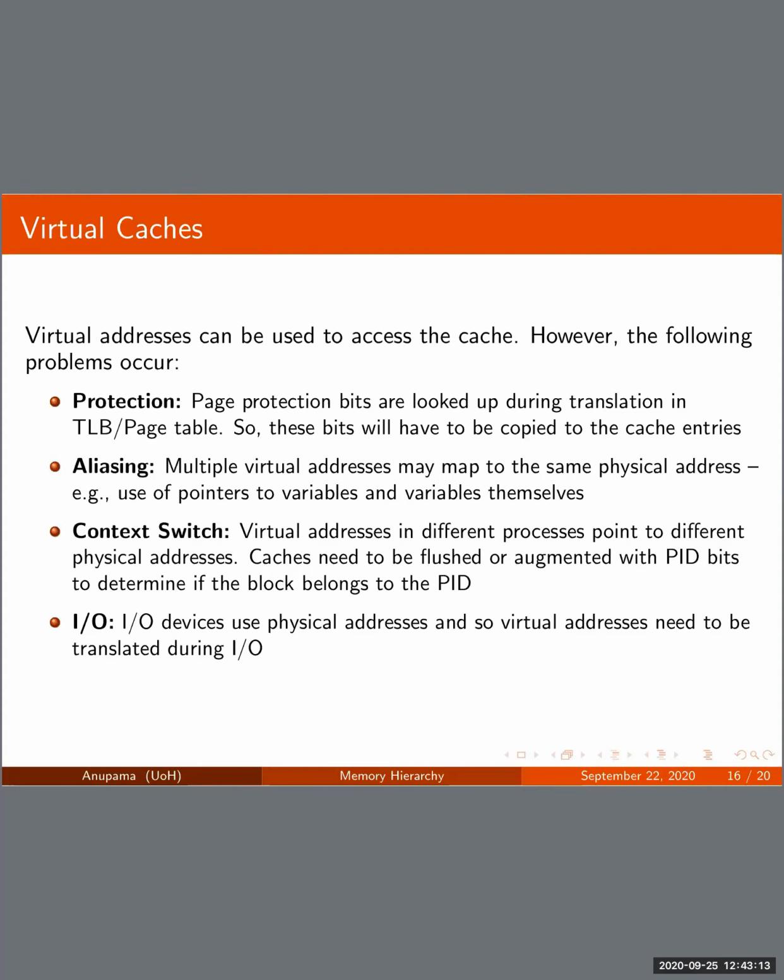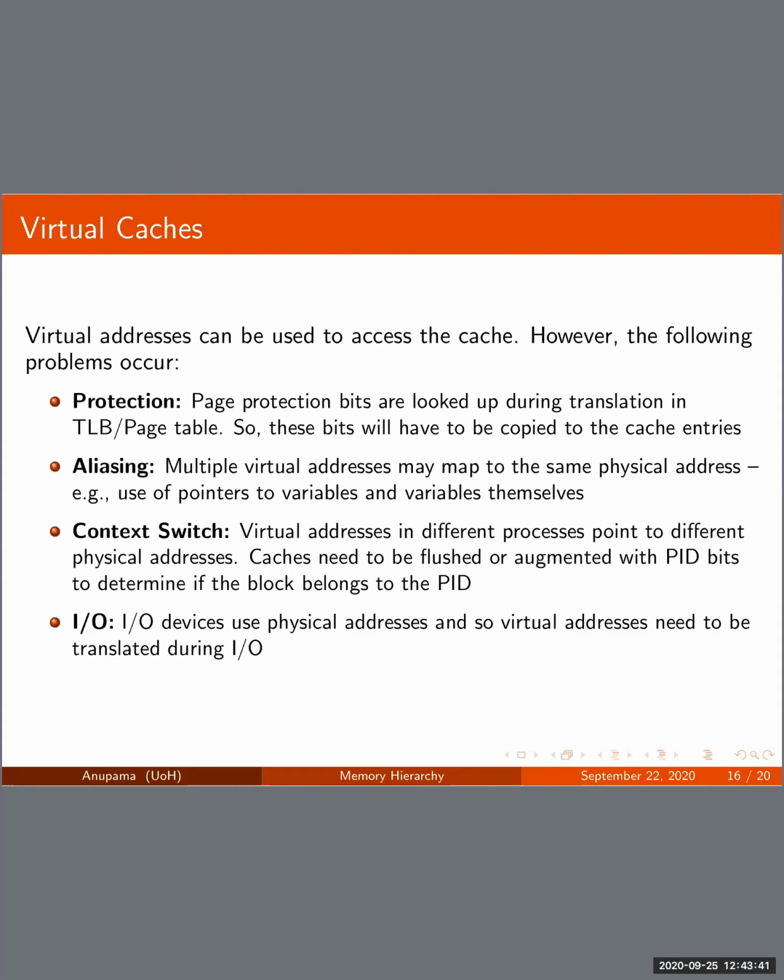So this process will come, use the same virtual address and look at the wrong information, because it's not its information that the cache is having. So you'll have to invalidate all the entries in the cache to prevent such a mess from happening.